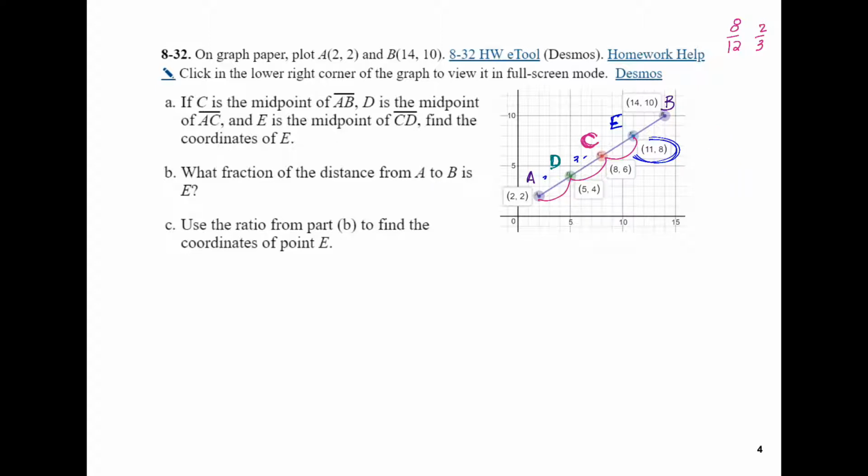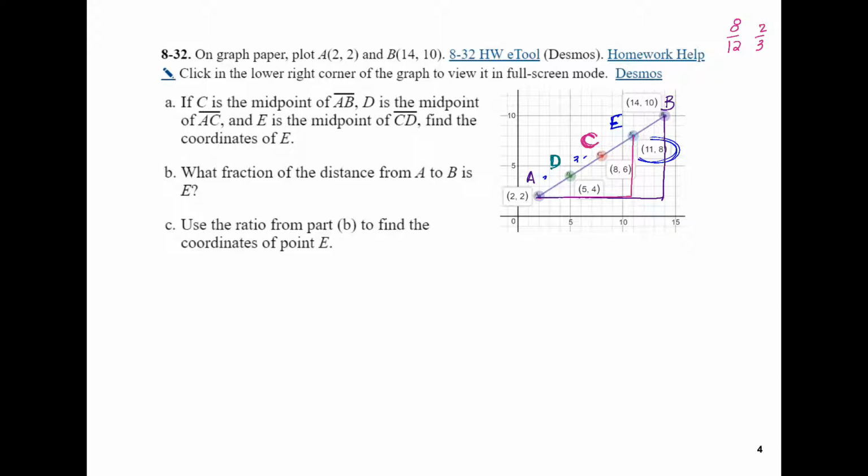We want to make sure and draw our slope triangle in from A to E, and then compare that to our slope triangle from A to B, and take a look at those ratios.